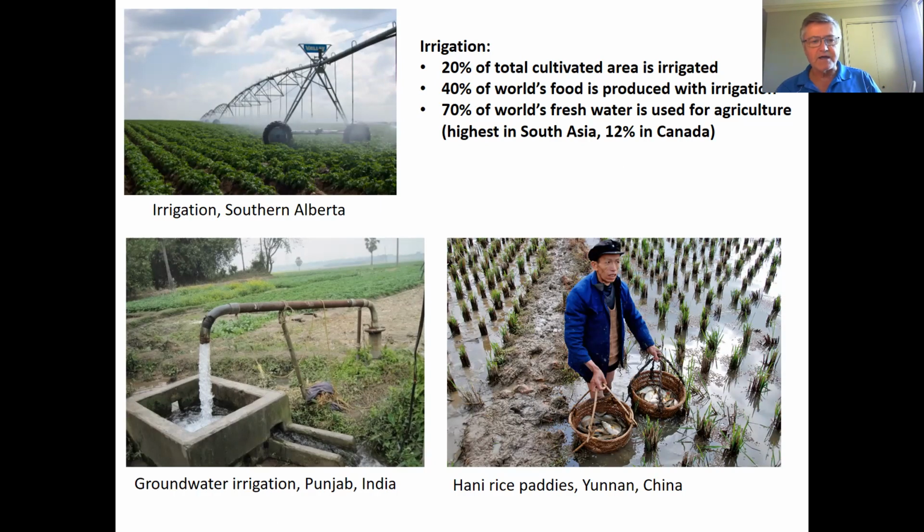So water as an input into agriculture is very, very important, especially in irrigation systems. 70% of the fresh water that we capture is used for agriculture. So of all the water that we use as humans, 70% is for agriculture.